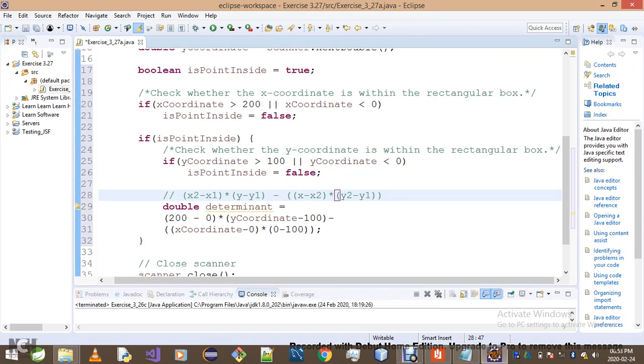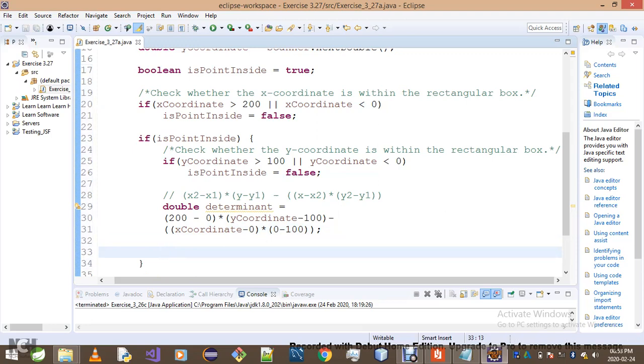This is the formula right here, folks. So in case you don't know it, please try to check it out. It will simply tell you whether or not a given point is to the left or right of your line, right?